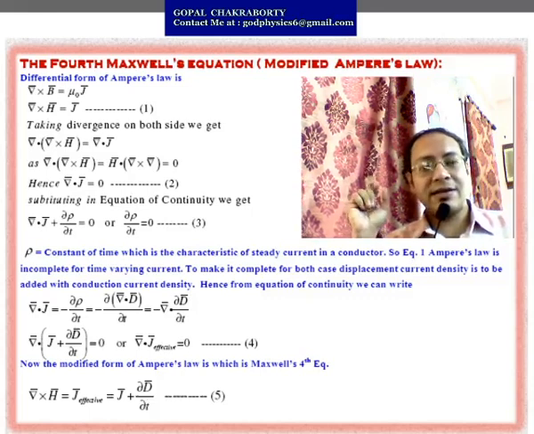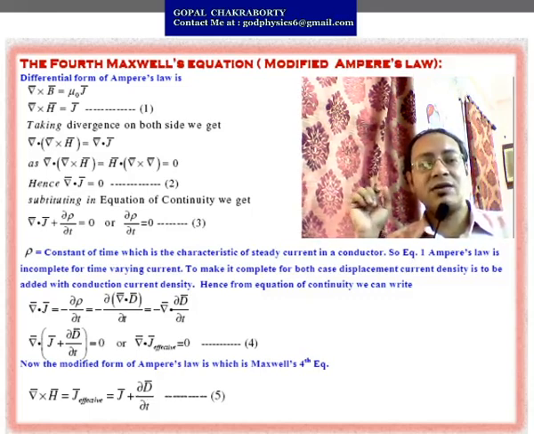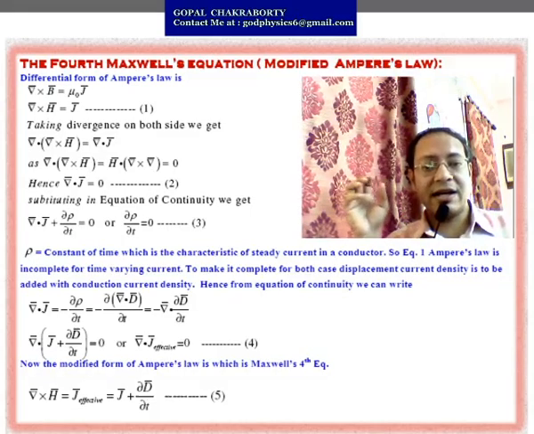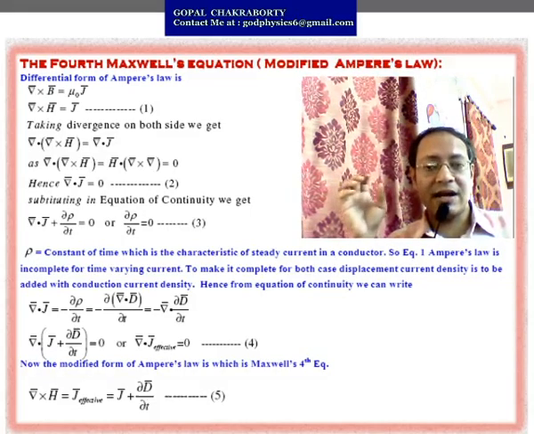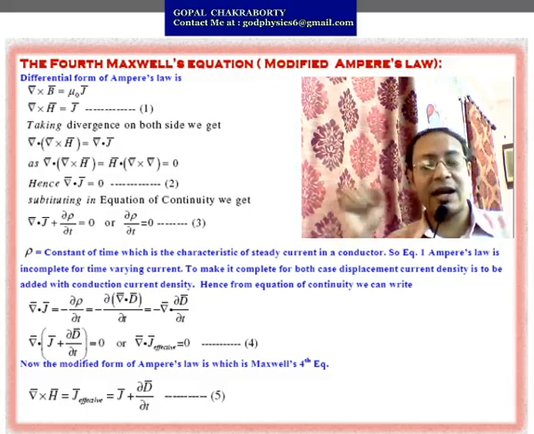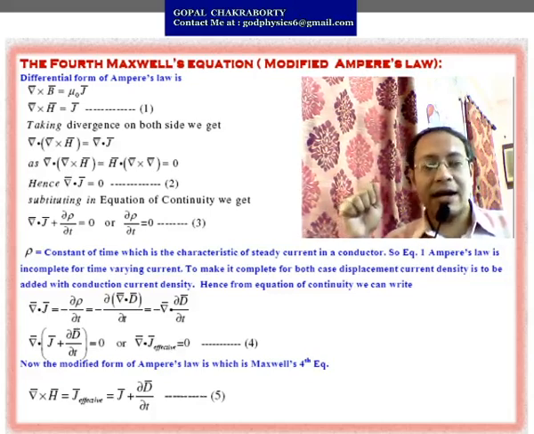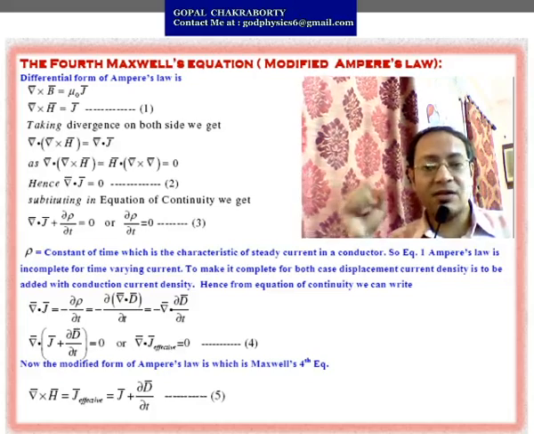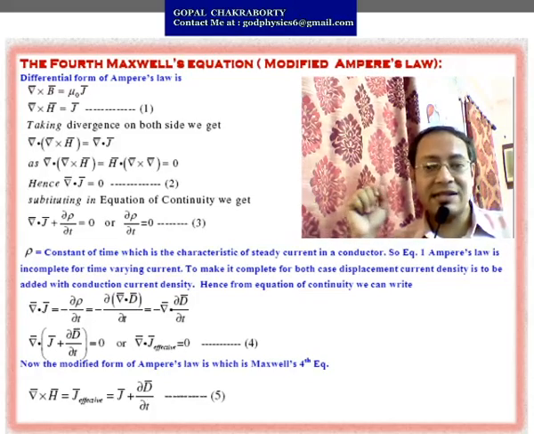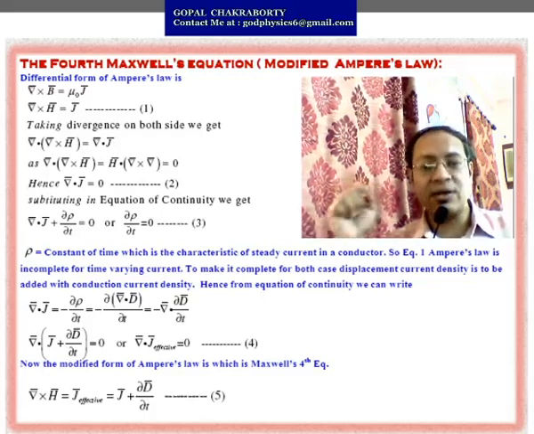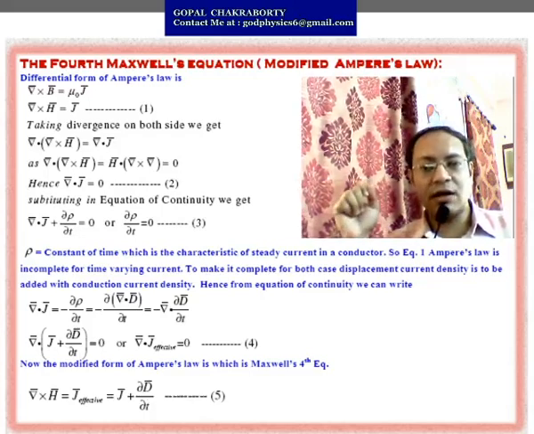So del cross H is the sum of the total current density, that means current density for conduction and current density for displacement. This is very important because this equation includes another term called displacement current density, which makes the current continuous through the conductor.